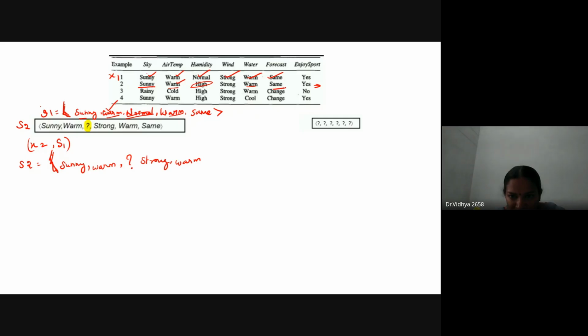Then the fifth one is Same, and in S1 the fifth one is also Same. So now we arrived at S2, which is the combination of Sunny, Warm, question mark. We got this question mark since the instances are different, so we replace it with the general hypothesis. Then next is Strong; both are the same, Warm is also the same, and Same is also the same.